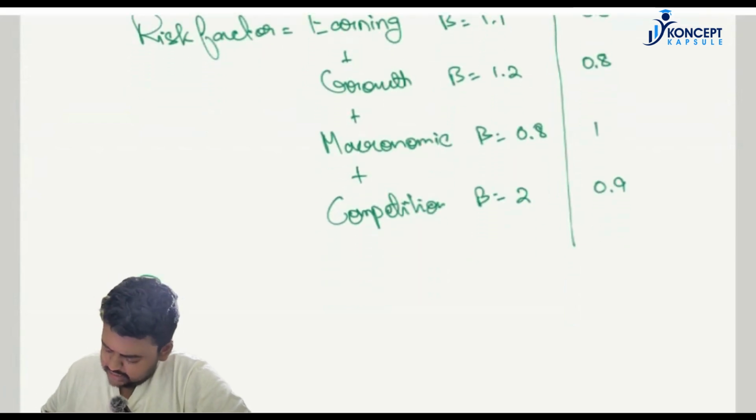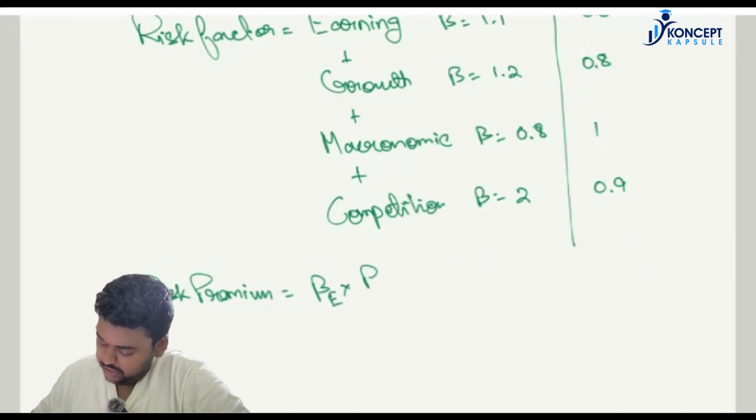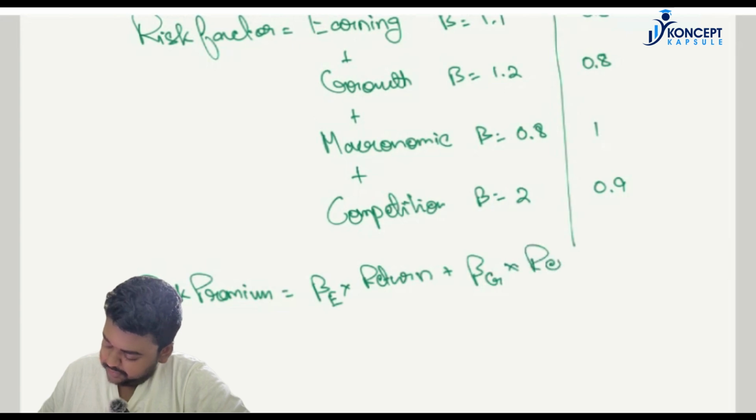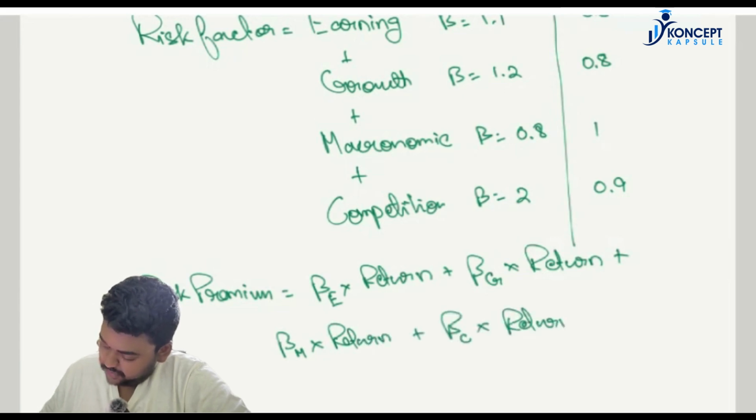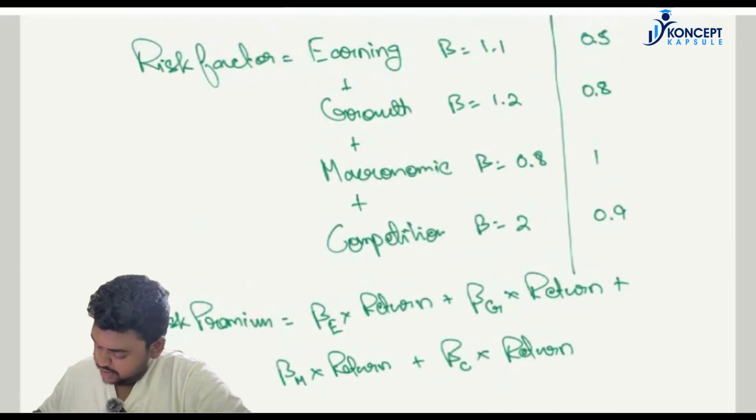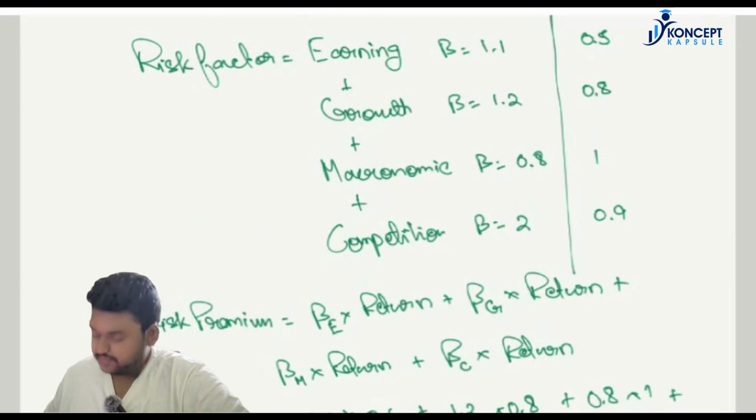Then the risk premium is nothing but earnings beta into the return plus beta of growth into return plus beta of macroeconomic into return plus beta of competition into return. Which is 1.1 into 0.5 plus 1.2 into 0.8 plus 0.8 into 1 plus 2 into 0.9.